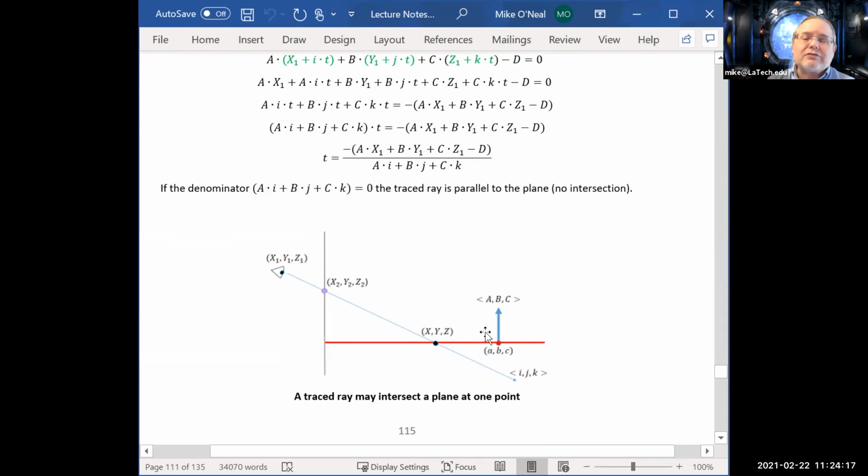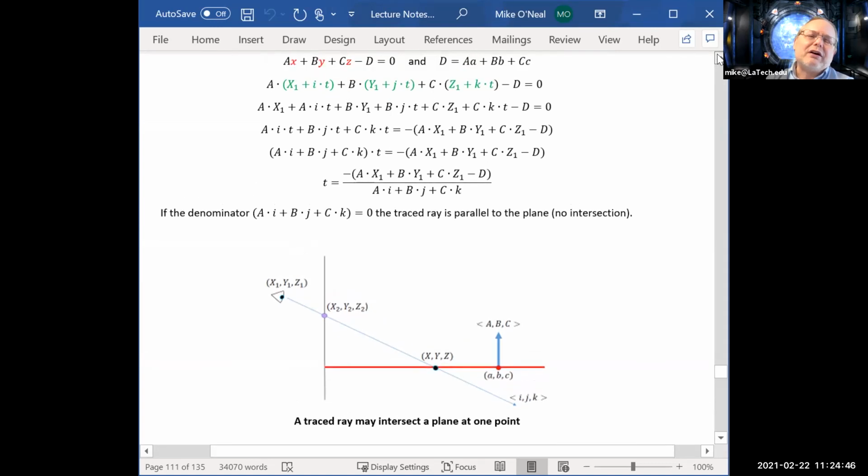And if you make it a unit vector, it's just a direction. So you also need a point on the plane that defines that. If you've got a point and a vector as a surface normal, then you've got a full definition of a plane. So little a, little b, little c is just an x, y, z for some point on the plane. The cap A, cap B, cap C is the surface normal, and the little a, little b, little c is a point on it.